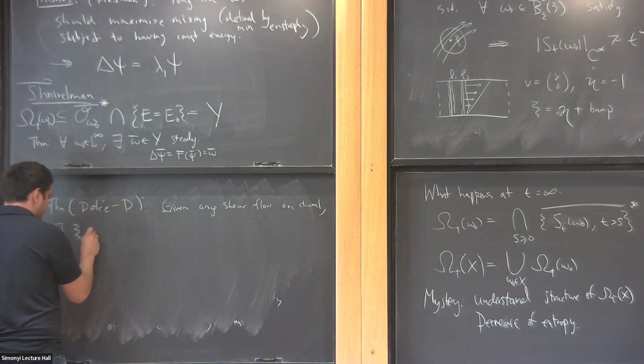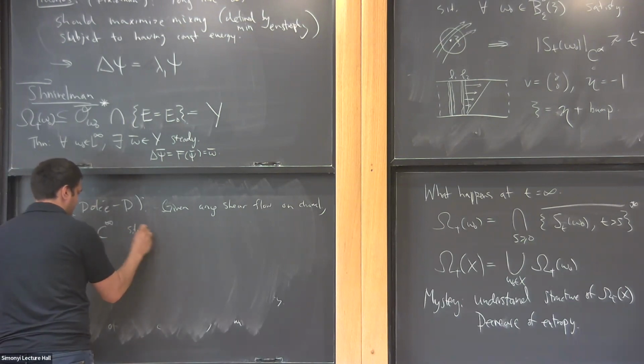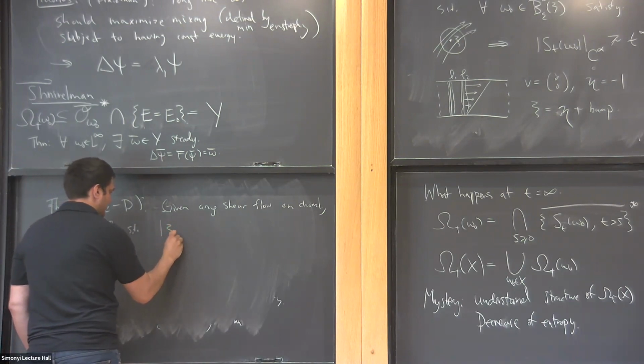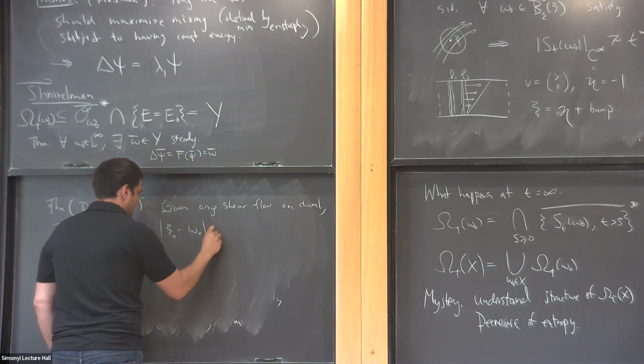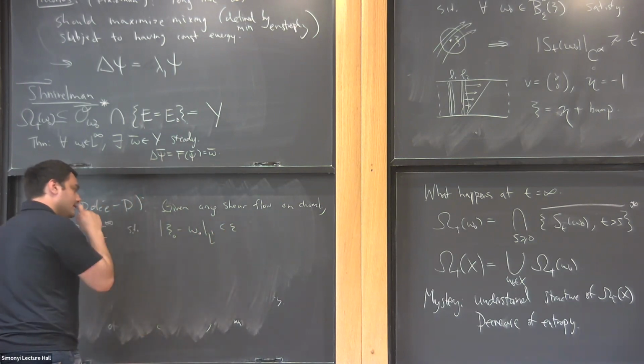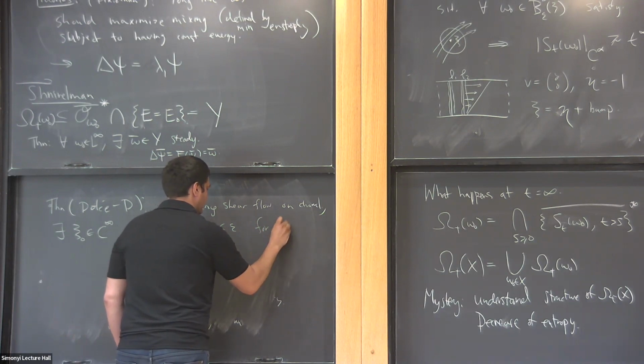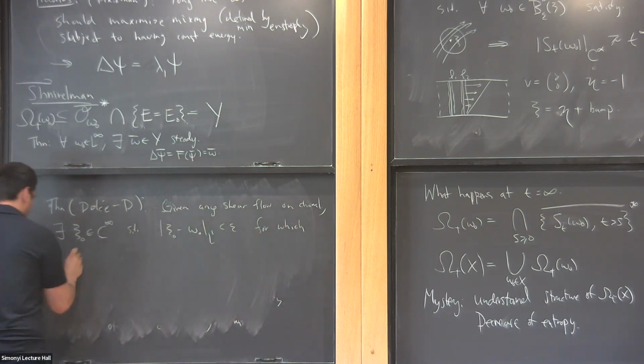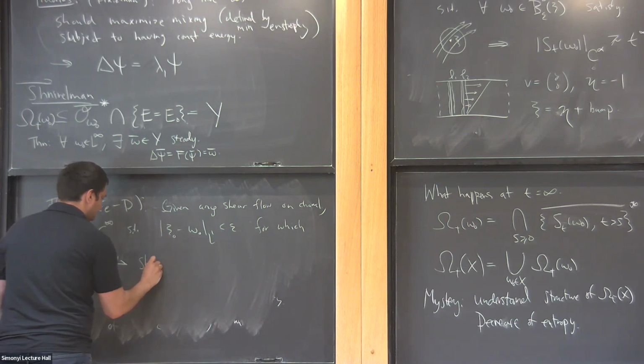So there exists a Xi, which is smooth, such that Xi is close to that shear flow in L1, for which the solution starting from that Xi cannot converge weakly to a shear.